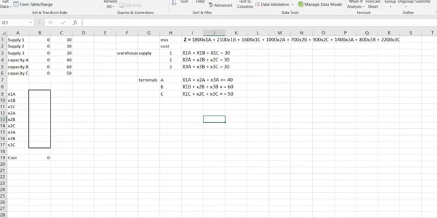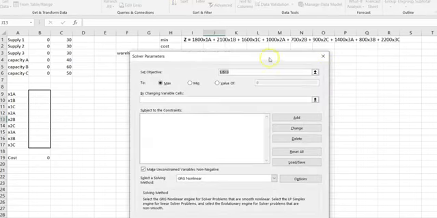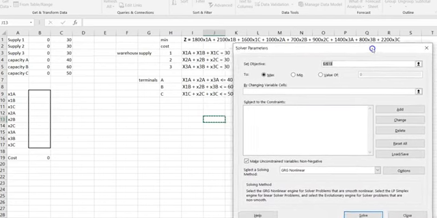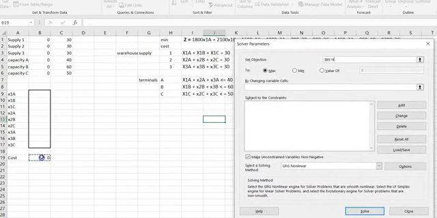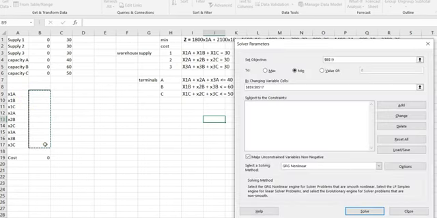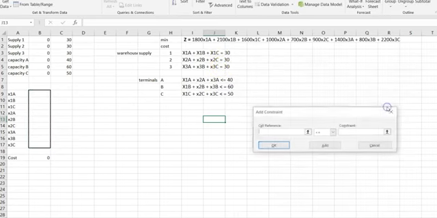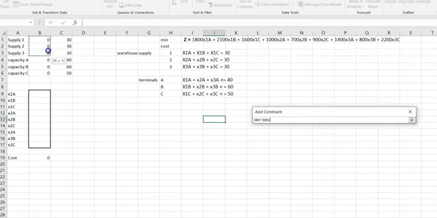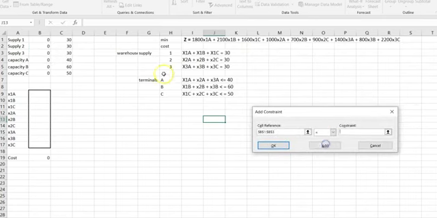Okay, Data, Solver. Our objective is in B19. This is cost, so click min. Our decision variables are B9 through 17. Our first three constraints are equal, so we can add B1, 2, 3 equals C1, 2, 3.